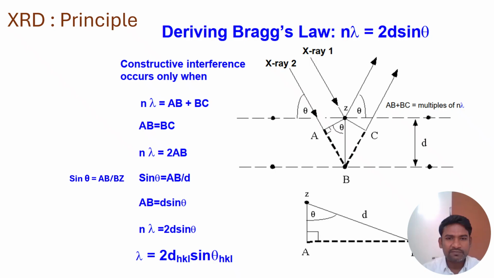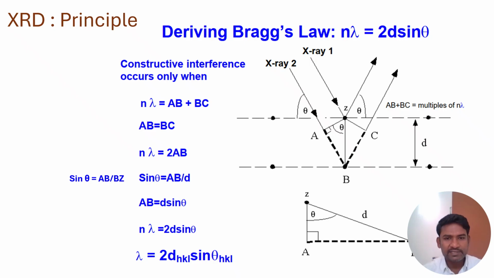So n lambda is equal to, if we substitute BC with AB, 2AB. Correct? As per trigonometry, sin theta is equal to AB by BZ, that is opposite by hypotenuse. Correct? That is AB by BZ.